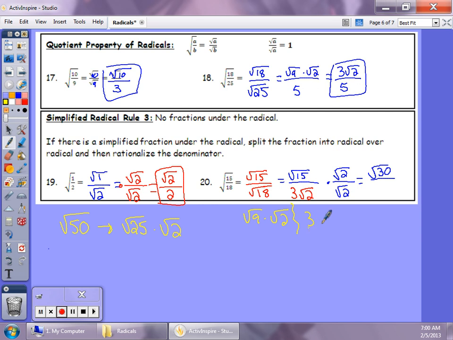And then root 2 times root 2 is root 4. And we know that the square root of 4 is 2, so 3 times 2 gives us 6. And remember, you always want to make sure that there still are no perfect squares contained underneath a radical. So if we look at root 30, there are no perfect squares in root 30, so therefore, we are simplified.